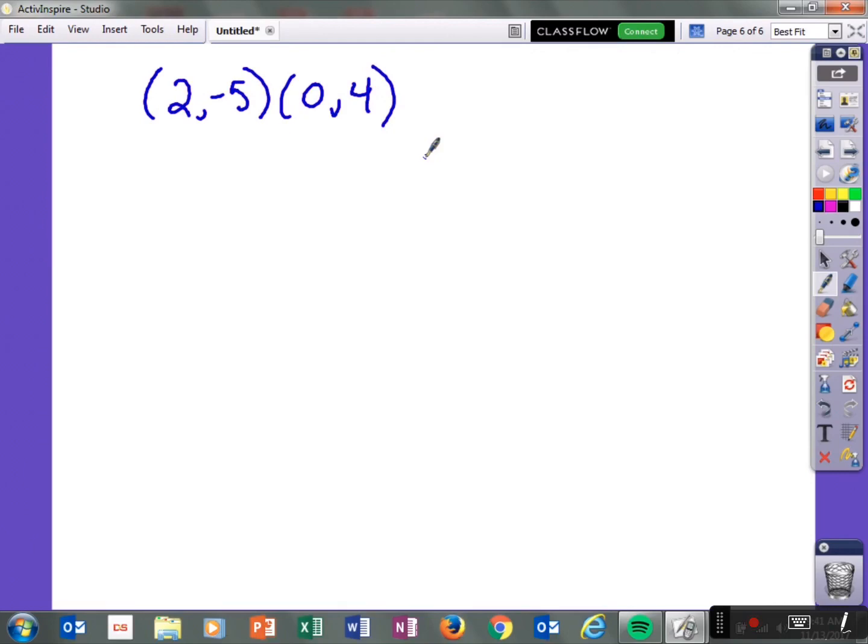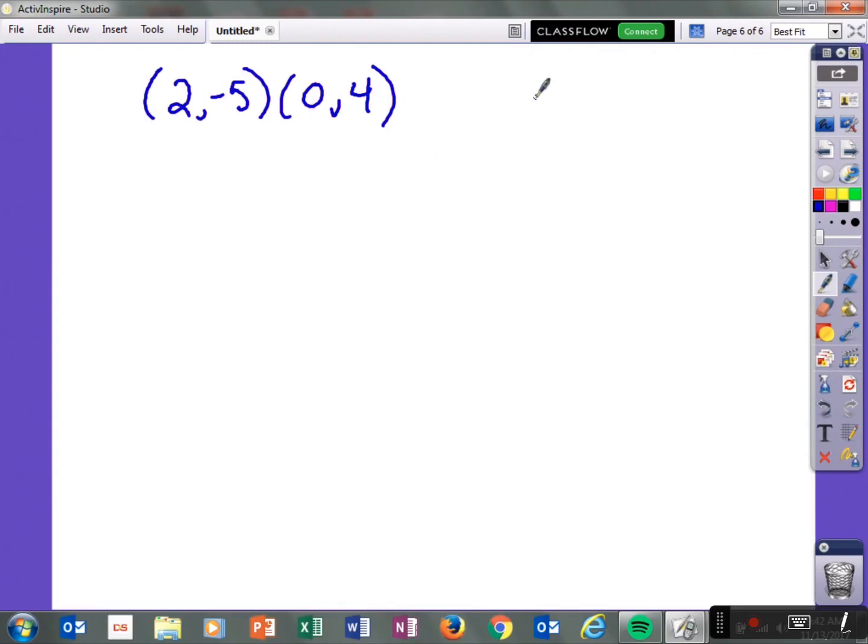Which formula am I going to go into? Not the point, the other one, slope-intercept. Why? Because we have a 0 as the x now, don't we? So do we have to go through all that work? No. All we have to do is find the slope and the y-intercept.